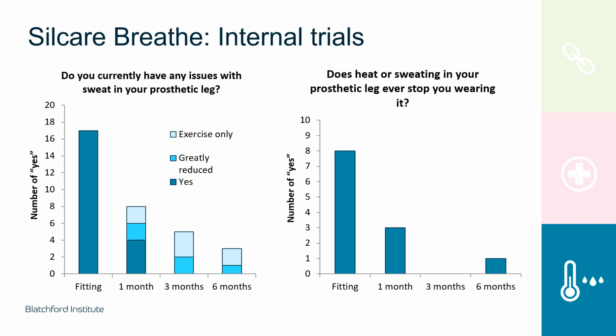There's a little blip after the 6 months where one participant said that they had an issue. However, that participant's mobility was also increasing, so they were actually able to do more things and participate in more activities. So although it looks negative after 6 months, it was actually seen as a positive because they were able to participate in more activities.